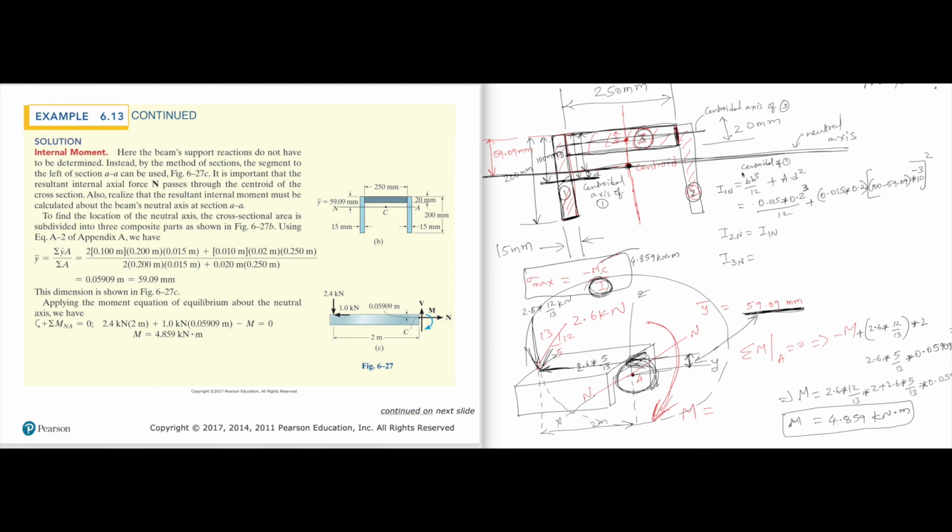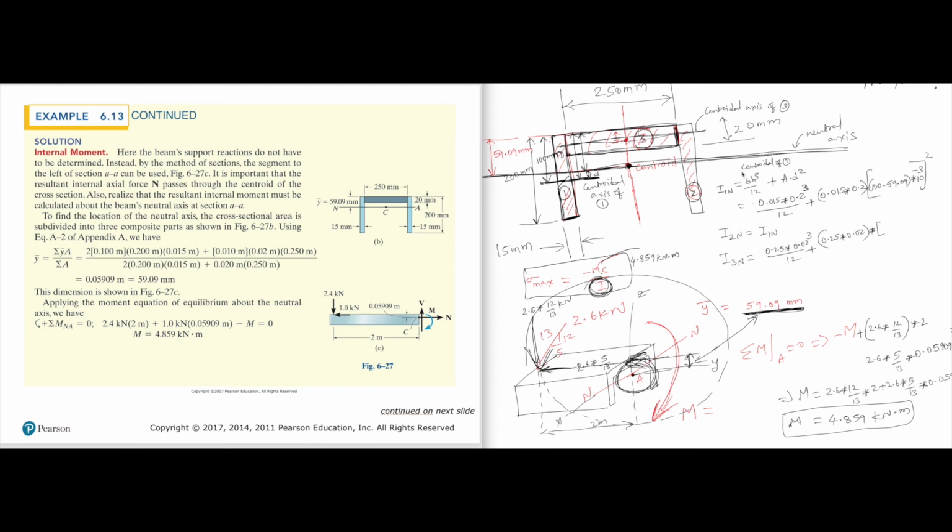So bh cubed over 12, where b is 0.25 and h is 0.02, bh cubed over 12 plus area. This is the area, 0.02 times 0.25, times d squared.